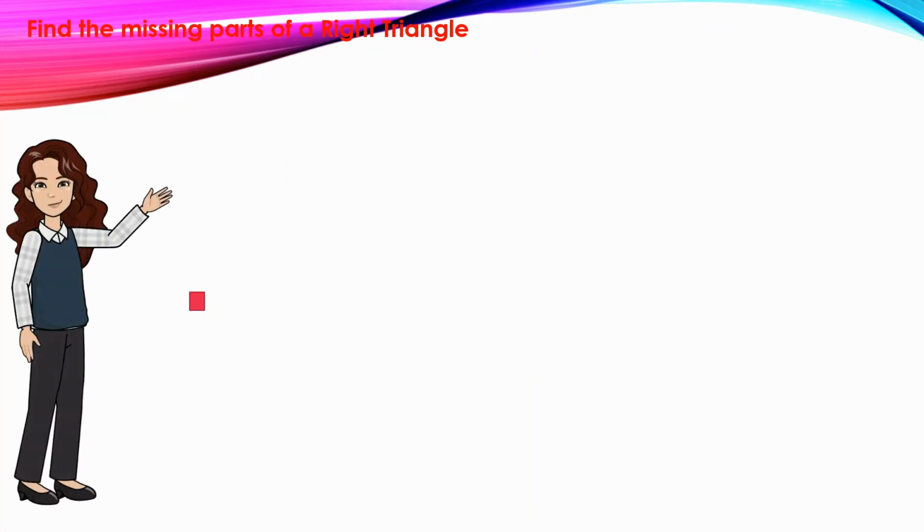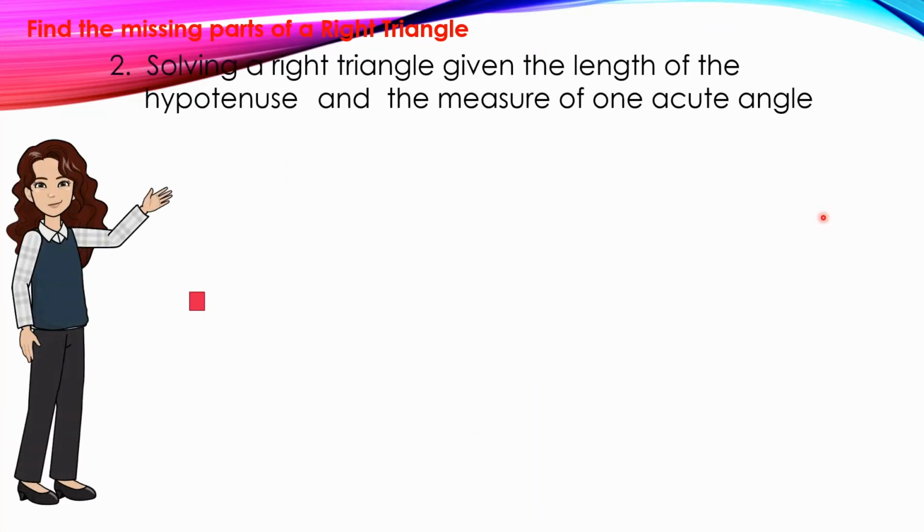Okay, in our number 2, we have solving a right triangle given the length of the hypotenuse and the measure of one acute angle. So we also have triangle BAC, right angle at C. We have side A, side B, and side C, the hypotenuse, is equal to 27.